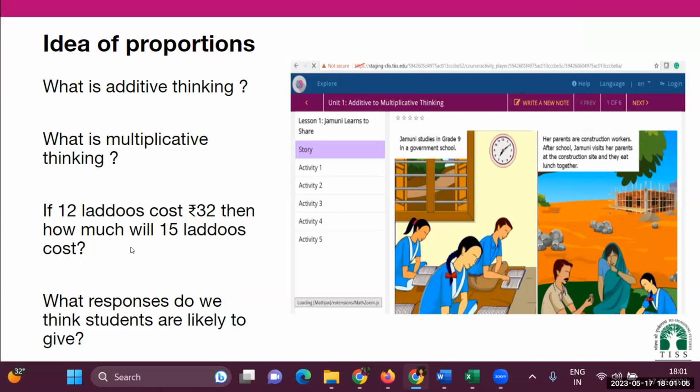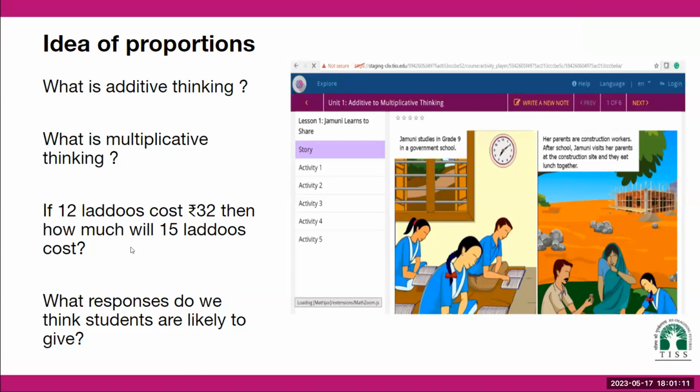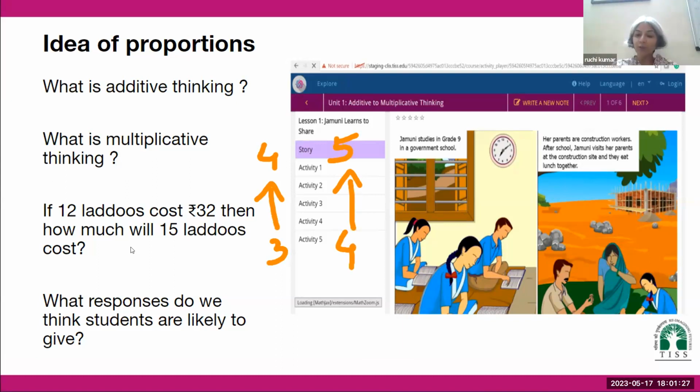Let's say after a year, the first tree grew to 4 centimeters and the second tree grew to 5 centimeters. Correct me if I'm wrong, my understanding is that additive thinking would be that both trees grew by 1 centimeter, so the absolute change is the same.